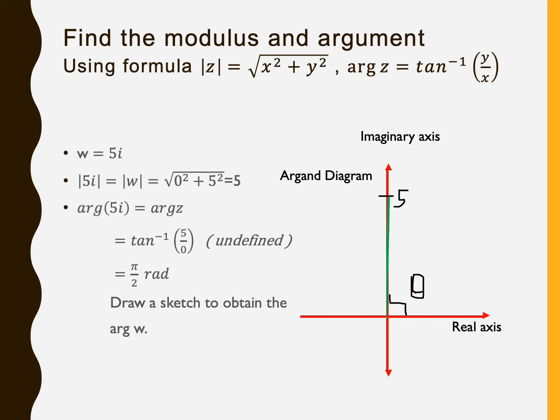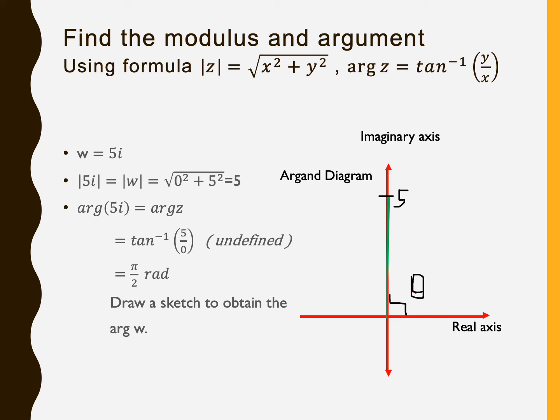Finding the modulus and argument of the complex number w equal to 5i. We can see very clearly that for w, the real part equals 0 and the imaginary part equals 5. So the modulus w equals square root of 0 squared plus 5 squared, equal to 5.